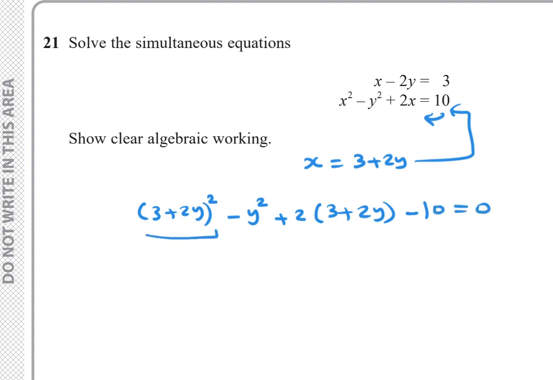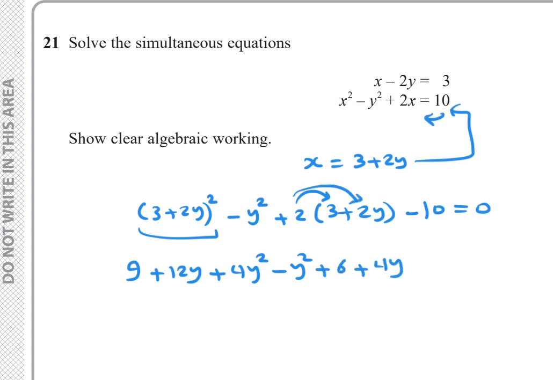Now expand 3 plus 2y all squared. 3 times 3, which is 9. 2 times 3, 6 times 2y, 12y, so 12y is the middle term. And 2y times 2y, 4y squared, minus y squared. 2 multiplied 3 equals 6. And 2 times 2y, 4y, minus 10 equals 0.